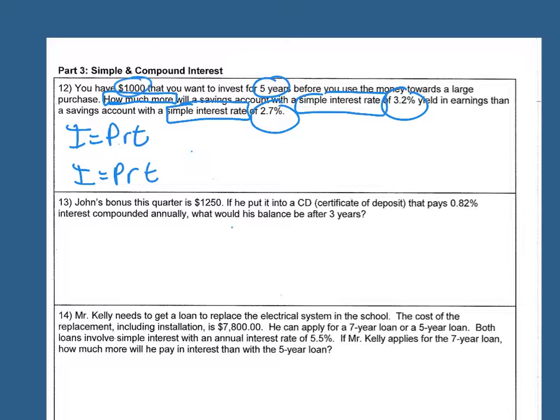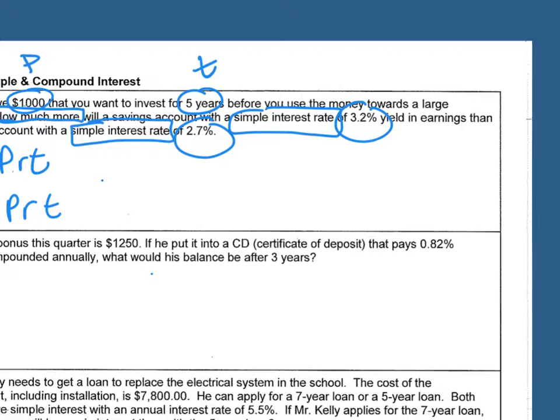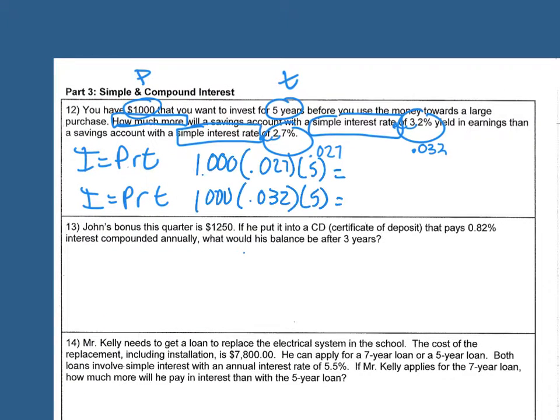Talking about two different accounts, two different interest rates. Same principal, same time. The 3.2%, I need to turn that into a decimal, which I do since it has a percent, it's going to look like 0.032. Same thing with 2.7%. It's actually going to be 0.027.